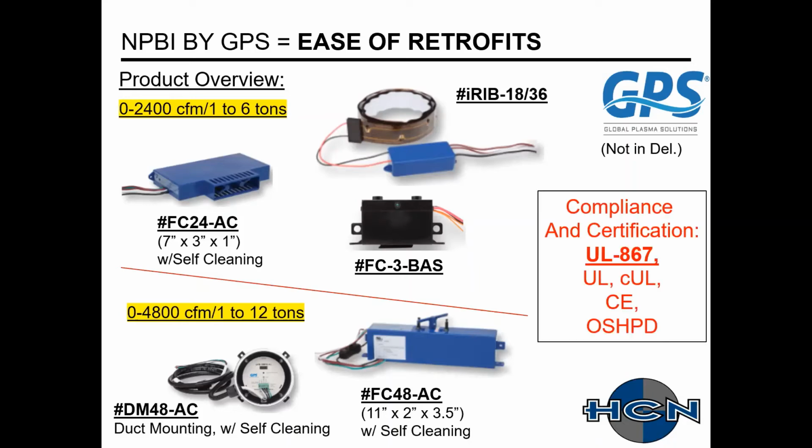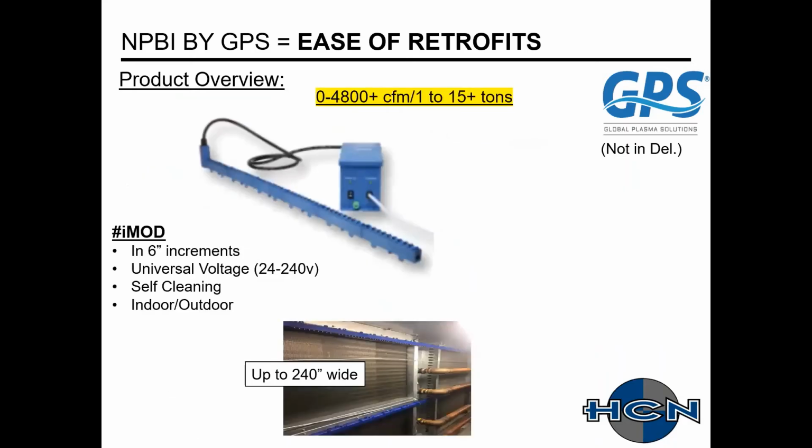I just want to point out that all these products are UL 867 certified for ozone generation, as well as some others. Now, GPS's flagship product is the iMod product. It's shown there in blue with the power. It can basically go up to any size. They come in 6-inch increments. Very easy to install.